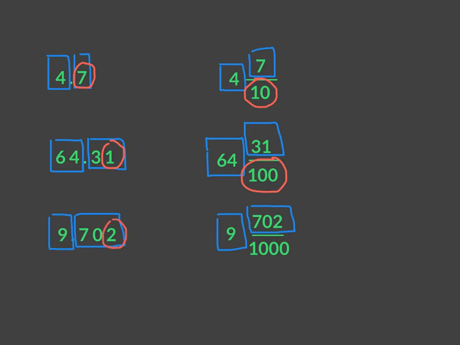The 7 is in the tenths place, the 0 is in the hundredths place, and the 2 is in the thousandths place. Therefore, our denominator is 1,000. 9.702, or 9 and 702 thousandths, can be written as 9 and 702 over 1,000.